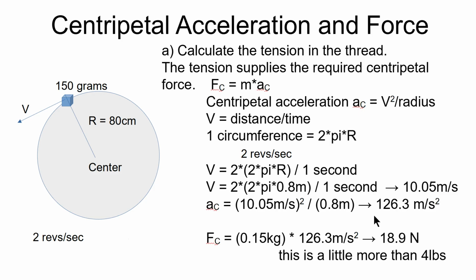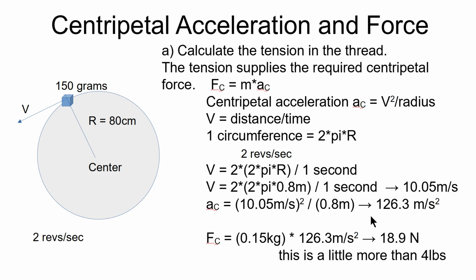Again, pause the video and do your own calculation. I came up with 126.3 meters per second squared. That's a sizable acceleration if you recall that the acceleration due to gravity is 9.81, roughly 10 meters per second squared. Here we have something like 126 meters per second squared.